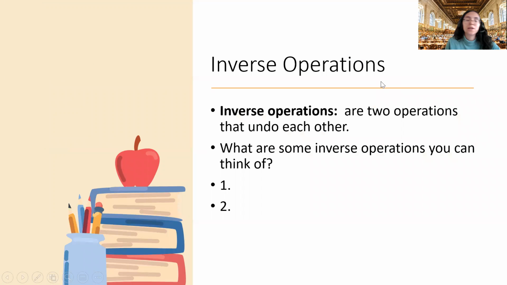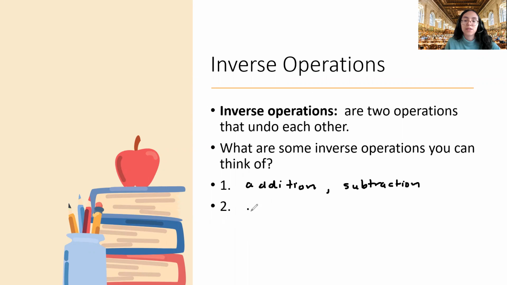But first, we're going to talk about inverse operations. Inverse operations are two operations that undo each other. And the key word here is undo. So what are some inverse operations that you can think of? Well, we discussed them when we learned about order of operations. So addition and subtraction undo each other. But what other two can you think of?